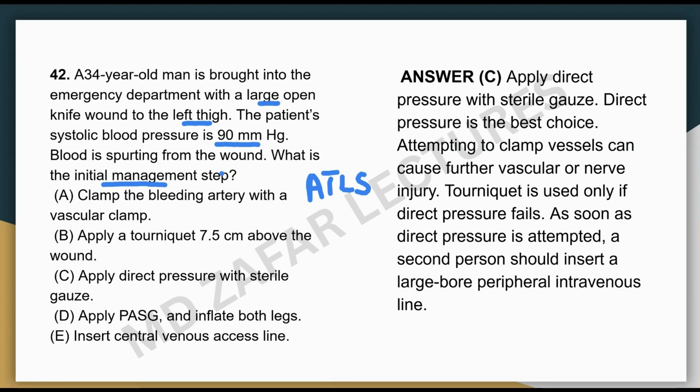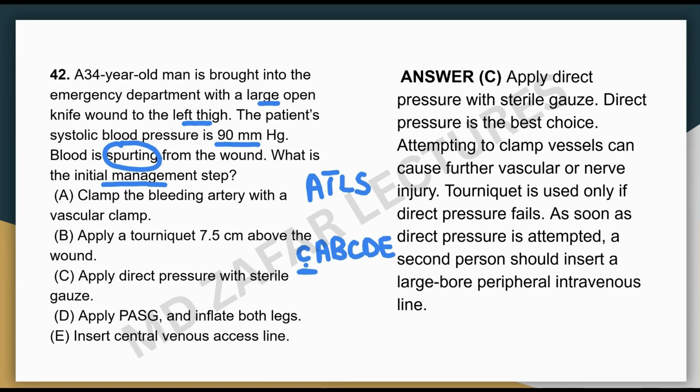Whenever there is a spurting vessel, it comes under the small c part, that is the exsanguinating hemorrhage, and later on it is followed by A, B, C, D and E. Now, in the latest guidelines, it is very important that the spurting or bleeding vessel needs to be controlled.